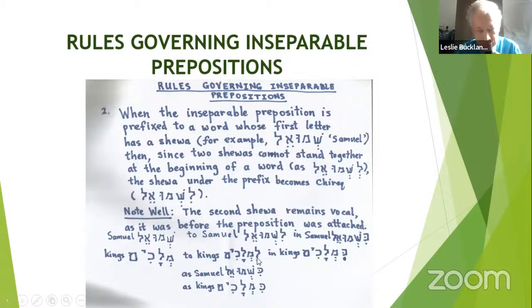Well, we have the same thing happening here when you have the simple schwa under lameth coming side by side with the simple schwa under the first syllable of melakim. The simple schwa under lameth has to be lengthened to the short I sound, the short hirik or kirik. So you have le melakim, to kings.